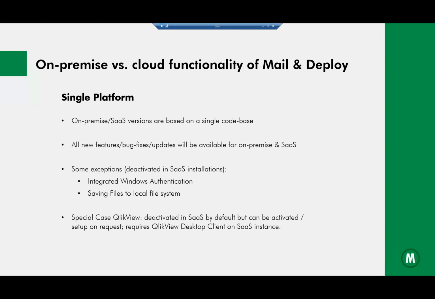But if you're a partner and you have a customer using Qlik who wants to move to the SaaS version, or you are a customer using Qlik and you want to use the SaaS version of Mail Deploy, there are options to still make that possible, but it needs to be set up on request, because it requires a Qlik desktop client on the SaaS instance, and we would have to prepare that manually. Just so that you know that it is possible, it's just deactivated by default, and we should probably talk about it when there's a requirement for that.